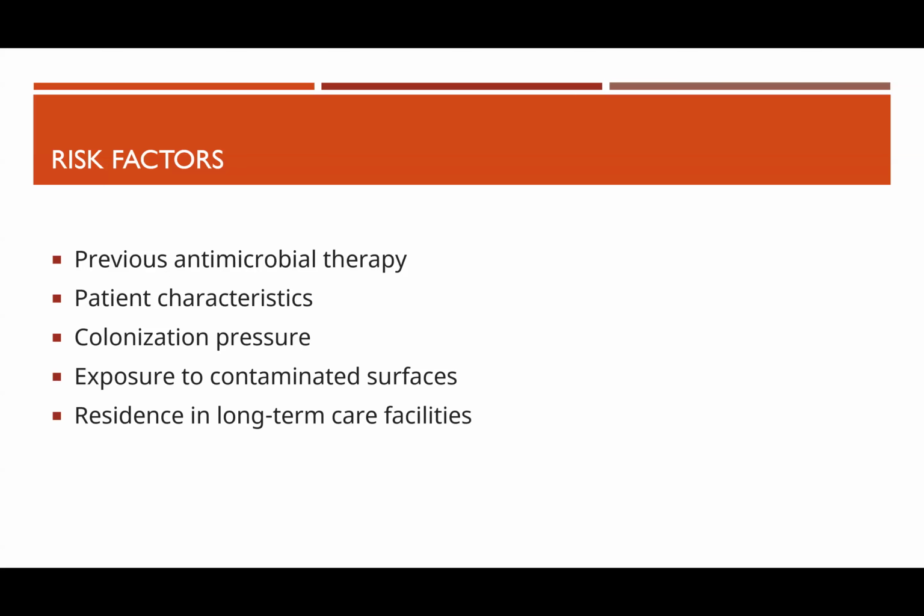Patient characteristics include those that have been hospitalized for longer than 72 hours, if they have any significant underlying medical conditions like end-stage renal disease requiring dialysis, cancer, transplant recipients, if they require ICU for whatever reason, then also things like proton pump inhibitor use and invasive devices have been said to be risk factors as well.